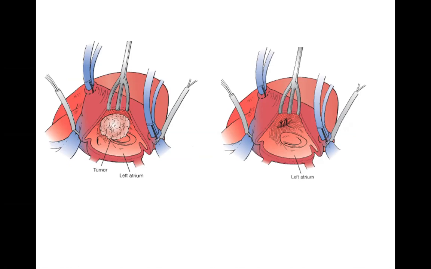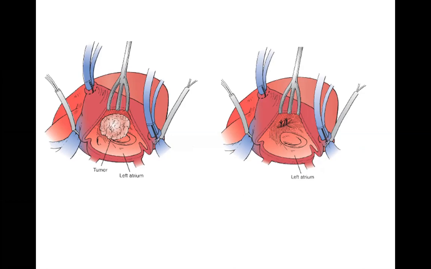You have to resect the area, the mass from the left atrial wall, and then you repair the left atrial wall with a patch. You take a circular patch of bovine pericardium, and you suture it from inside the left atrium. It's the same concept.